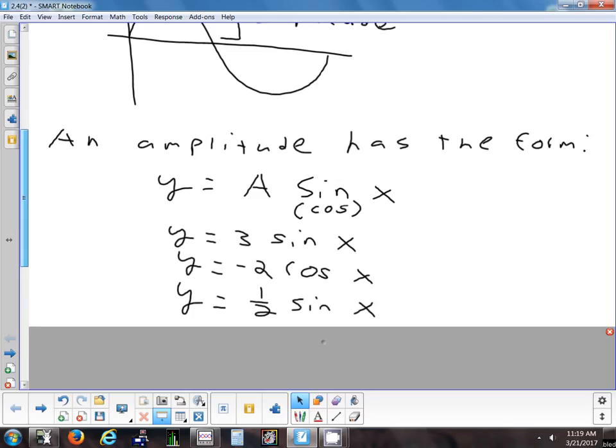Compressing is going to happen when you put a fraction. A negative is going to flip it. If you put a negative in front of something, it's going to cause it to flip. So in the first one and the third one, there's only one thing happening, either a compression or a stretch. In the second one, there are two things happening, a stretch and a flip.